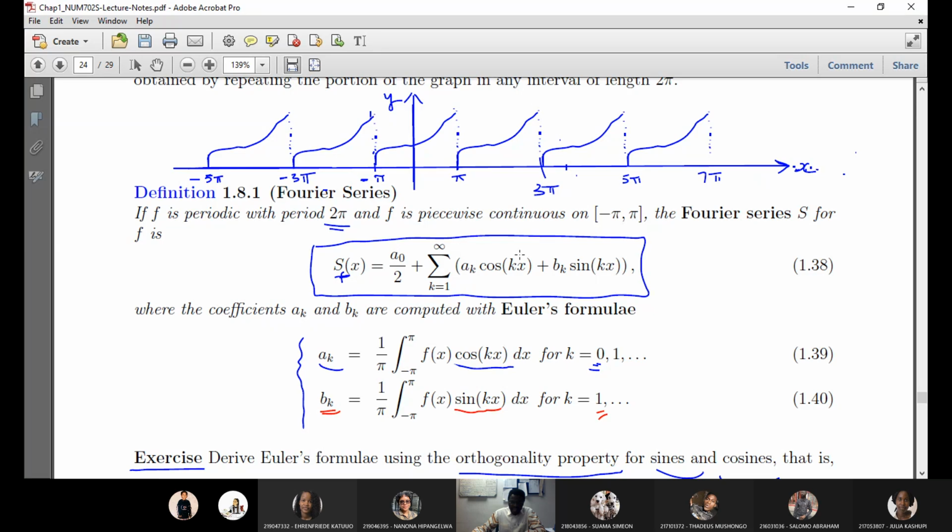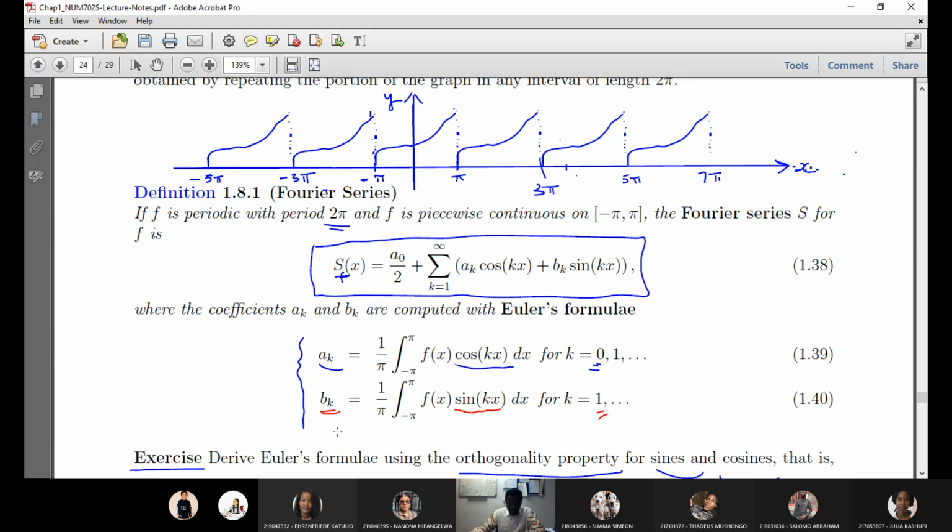But for bk, you can see that in our series here, k starts from 1 to infinity. So your bk is not defined for 0. For AK, you have A0 here and you have A1, A2 up to A infinity. So in this formula, k will take all the values starting from 0, whereas for bk, k will only start from 1. So bk is not defined for k equal to 0.